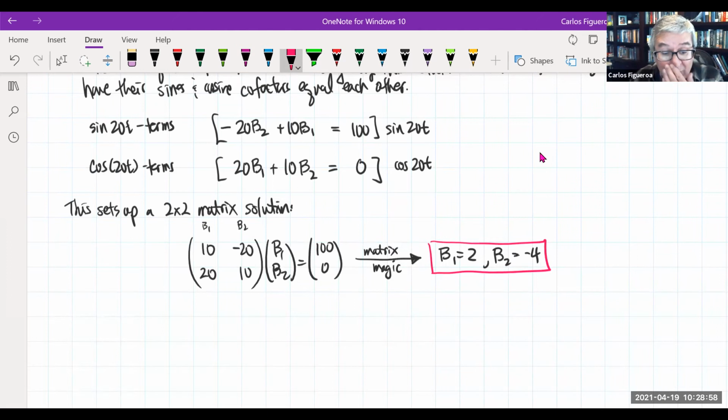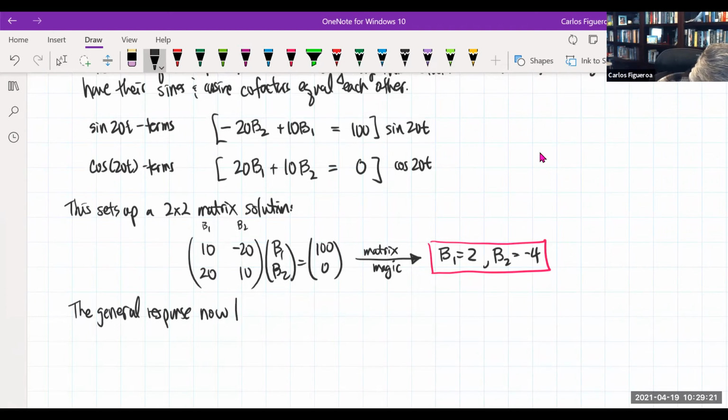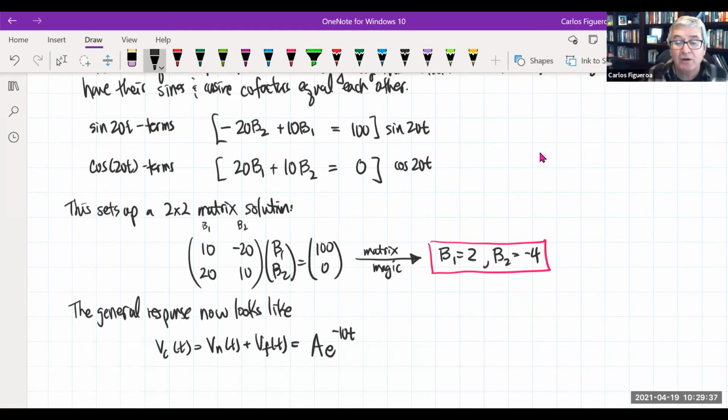So I can finally write down my complete response, the general response. It now looks like VC of t, which will be the natural plus the forced: A e to the minus 10t, which we already caught with our tau.